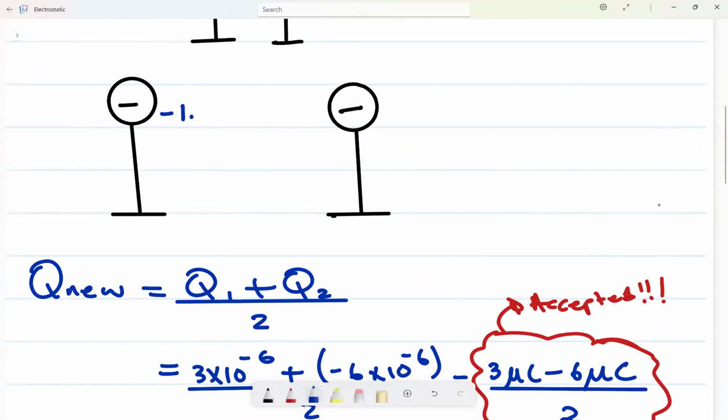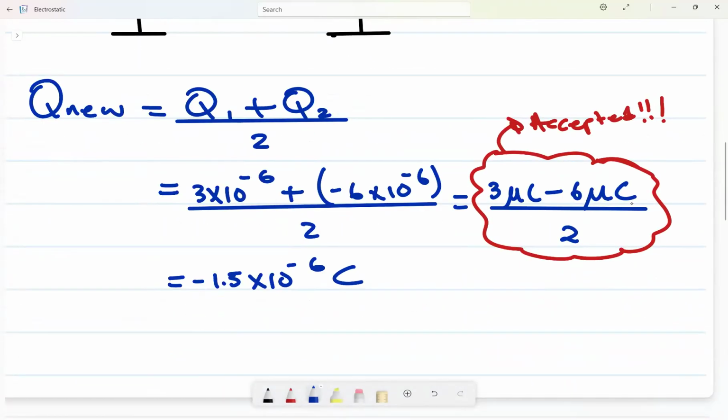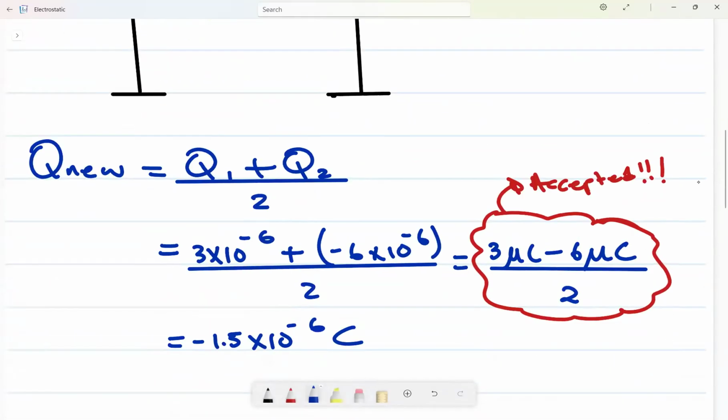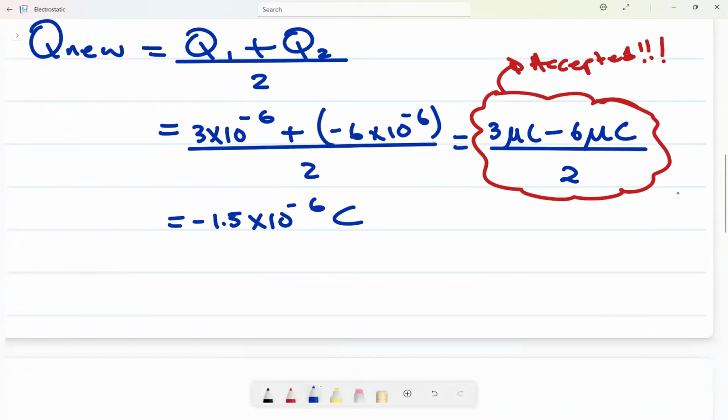So now they have 1.5 times 10 to the power of -6 coulombs, like that. Now it might happen that the examiner asks you to calculate the number of electrons transferred.